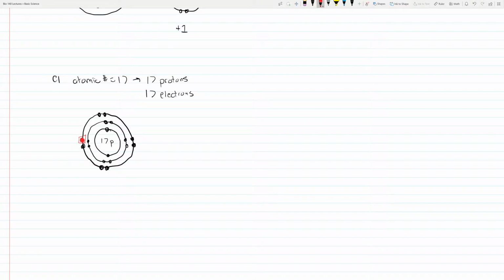The general rule that I give students, and it's not incredibly scientifically based, is that if there are three or less electrons on the outer shell, they're just going to get rid of the electrons. And if there are like six or seven electrons on the outermost shell, they're just going to add electrons.